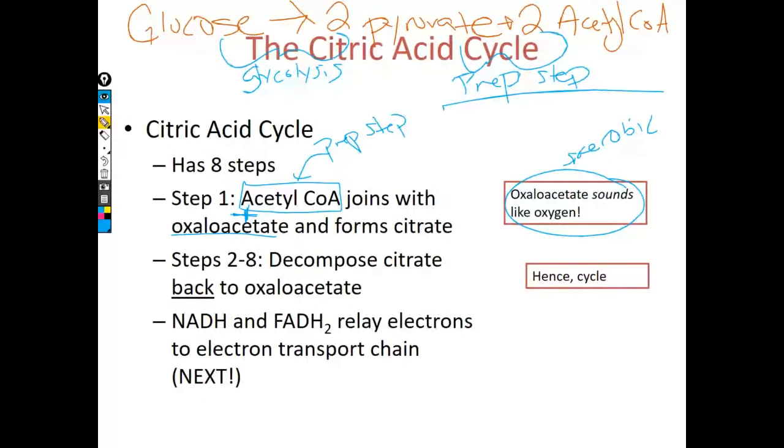If it's adding to oxaloacetate, that must be what the end of the cycle is, because that's the leftover from whatever happened before.